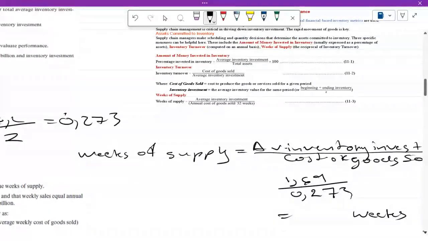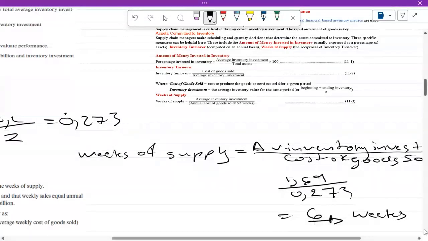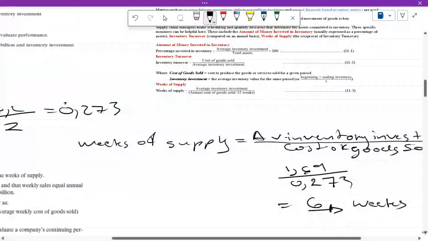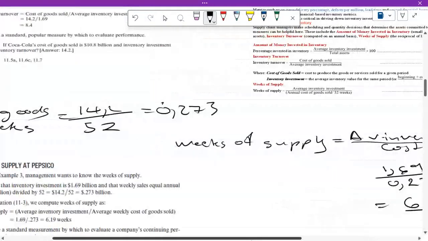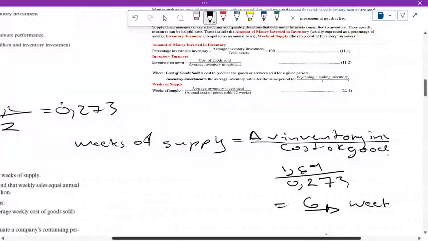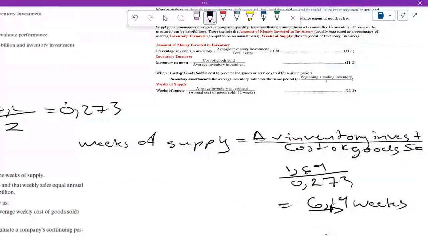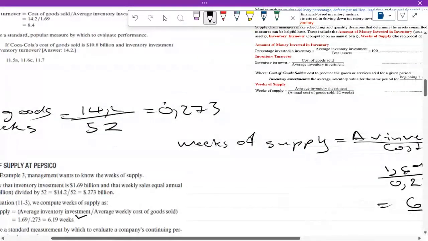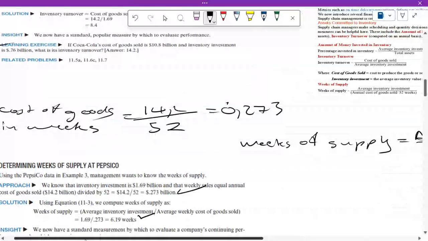Are you getting 6? Yes, I'm getting 6 weeks. And to be precise, I'm getting 6.9 weeks. So yeah, that is the figure they've managed to get there, and that's what we have done here.